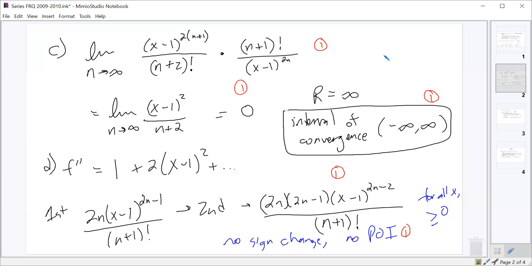So if it doesn't say to find them, don't bother trying to find them. It's probably because you can't find them. But we can at least indicate whether there are or are not any. And in this case, there are not any. Okay. Any other questions on that? Anybody?